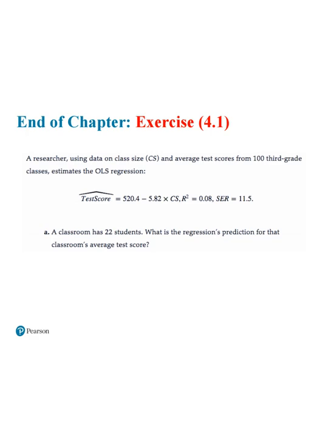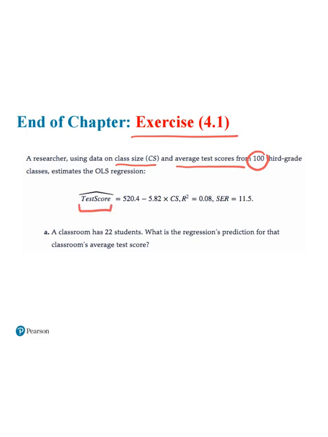All right, specifically here, we're going to look at exercise 4.1. And here we have that a researcher using data on class size, CS, and on average test scores, this sounds familiar, from 100 third grade classes is going to estimate the following regression. So again, we're trying to estimate our dependent variable test score.